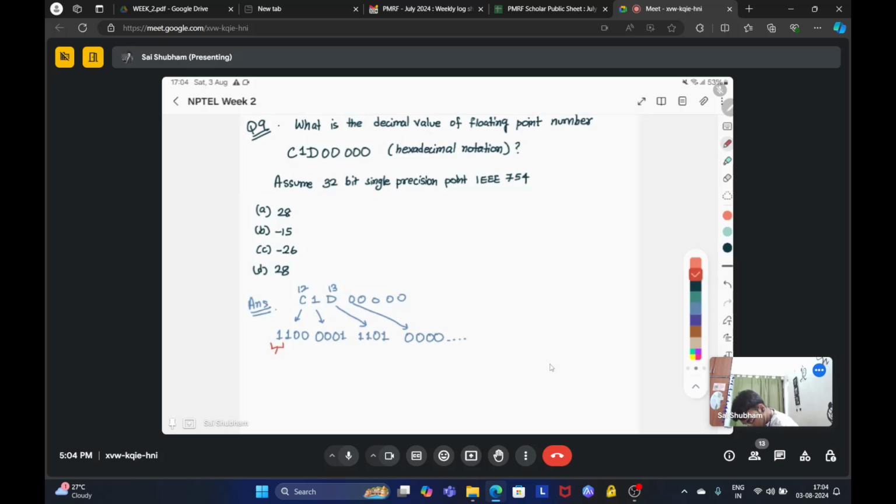This is the sign bit. This is the exponent, and this is the mantissa.